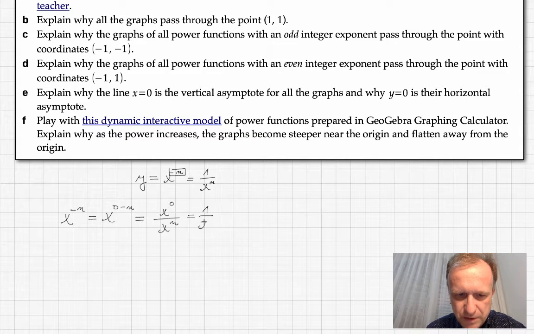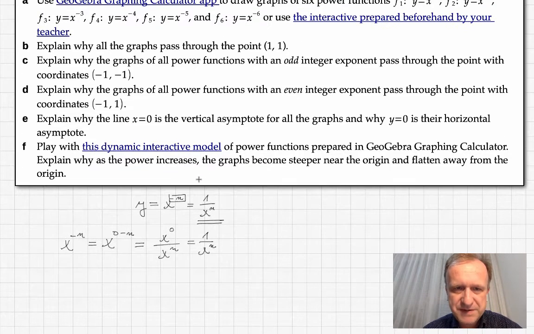So this is 1 over x to the power of n, and this is in line with what I have just said a sec ago. So this is the defining thing here, and we will use it in what follows.